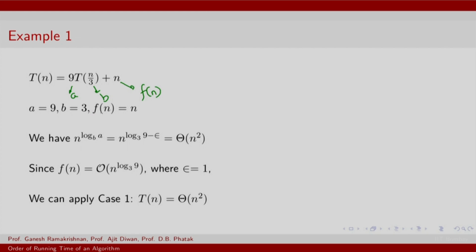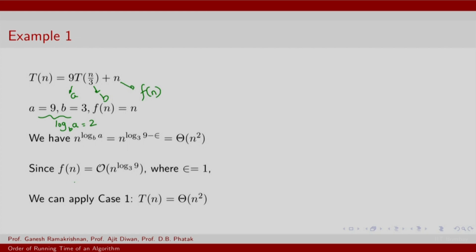So for these values of a and b, and for a suitable epsilon, we can show that n raised to log to the base b of a is actually theta n square. So log to the base 3 of 9 is nothing but 2, so f(n) is n to the 2 minus epsilon, and this is basically theta n square.